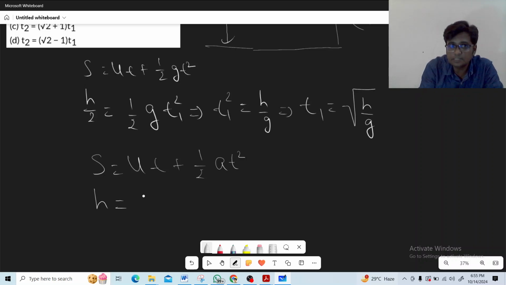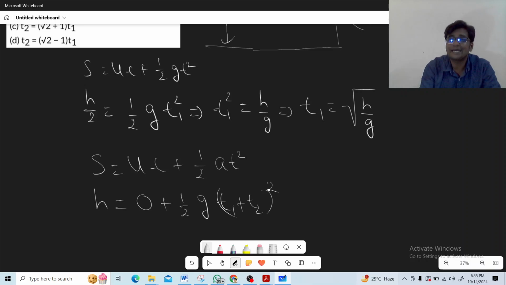So it will be 0 plus half g (t1 plus t2) the whole square, because now we are going to take the whole time. And we have been told that for the first half it is t1, and for the second half it is t2. So the total time will be the summation of both the times. Okay, so we have got this equation.